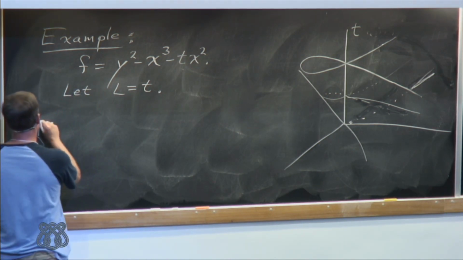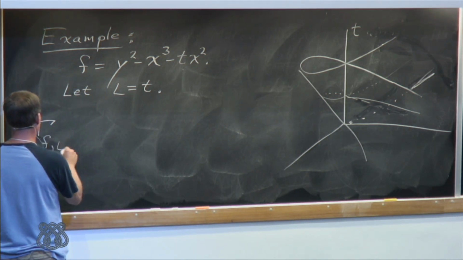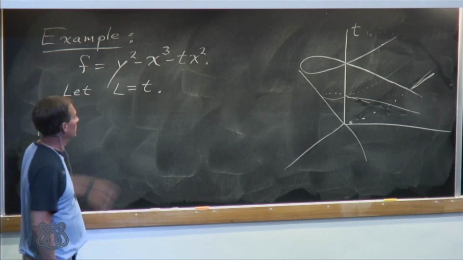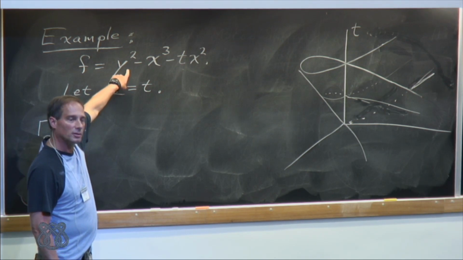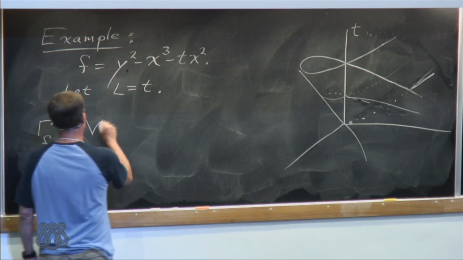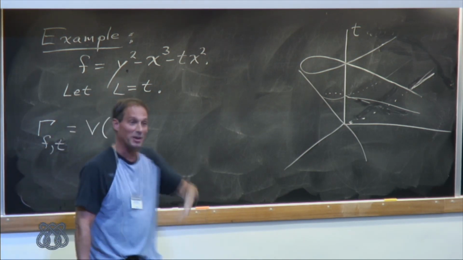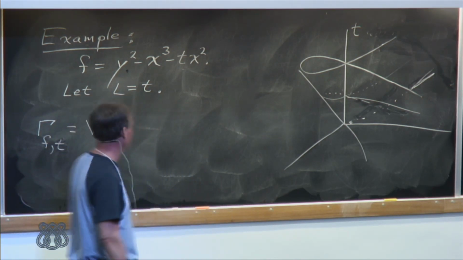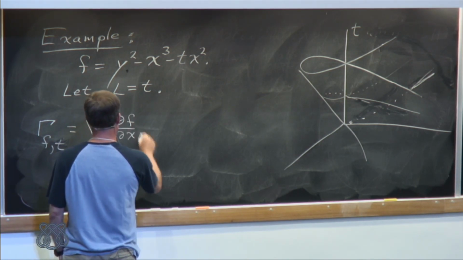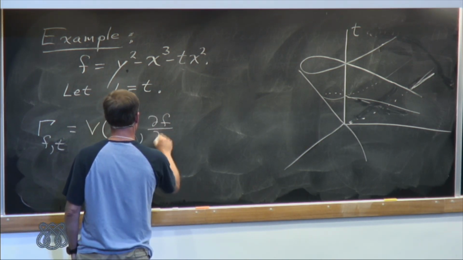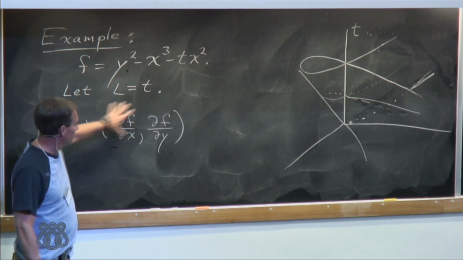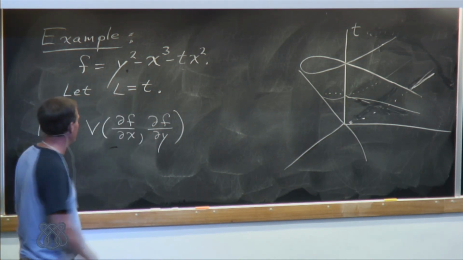So gamma FL, so that's gamma FT. You take the critical locus of the pair FT. If you think about it, that just means you take the partial derivatives with respect to the other variables, not the t. So you take the partial derivative of f with respect to x, partial derivative of f with respect to y. You require those to vanish. This is the critical locus of the pair FT.